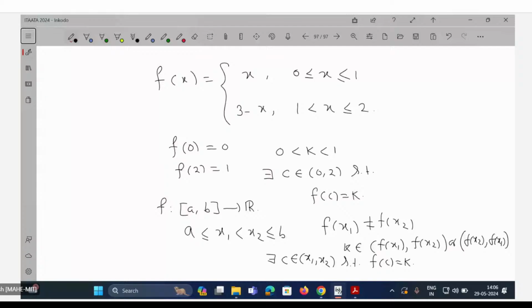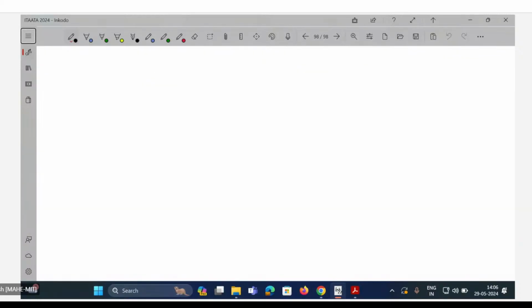Now you can see that this function does not satisfy this property. Why? Consider x1 equals half and x2 equals 3 by 2. f of x1 is half, and f of x2 is 3 minus 3 by 2, which is 3 by 2.